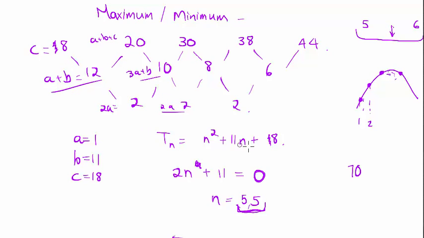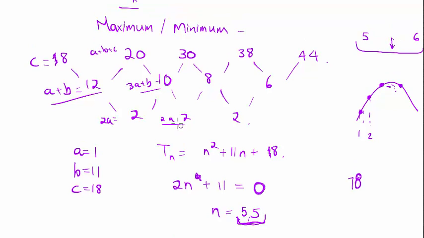Okay, it doesn't change anything else. So 5 plus 55 is 60, so it's 78. Even that seems high.